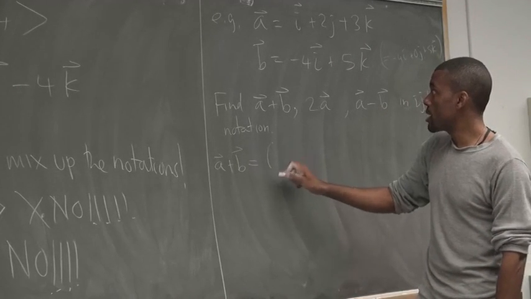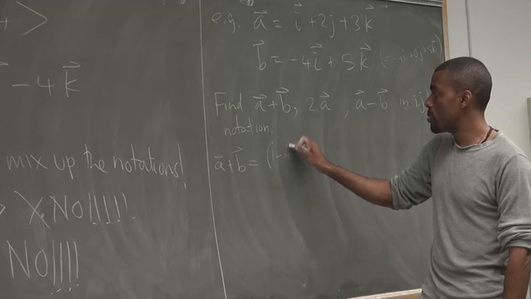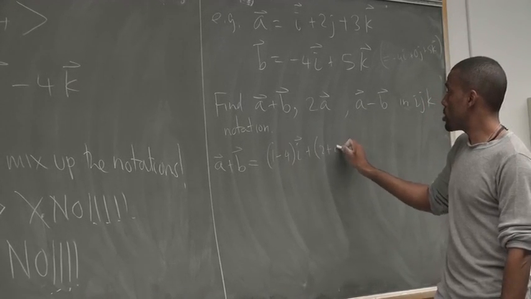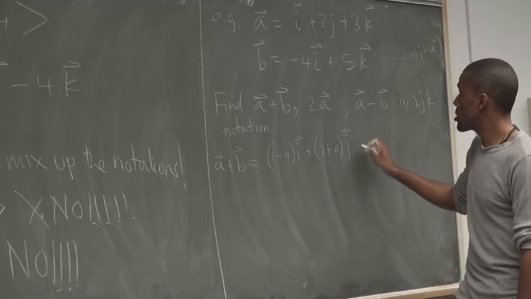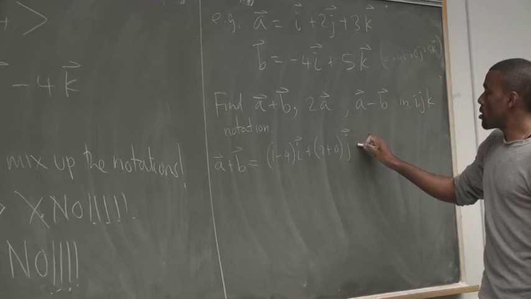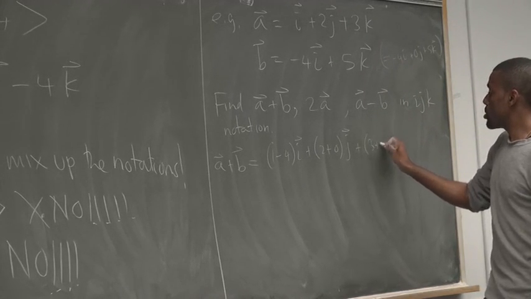So then here you add corresponding components. You add 1 minus 4, plus 2 plus 0, plus 3 plus 5k.